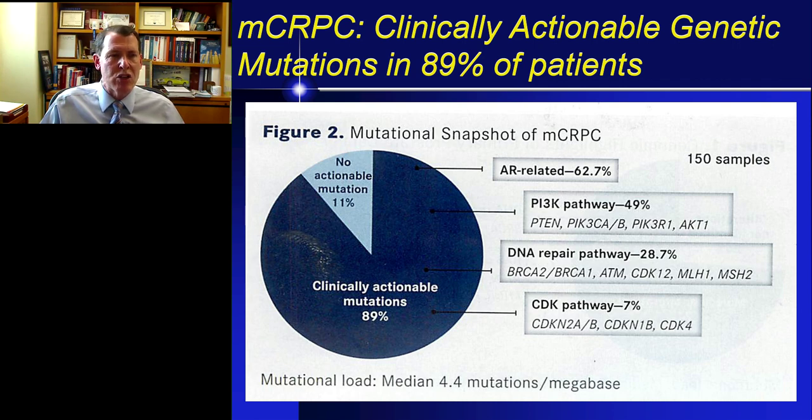Many times those patients have multiple areas of metastasis, and those cancers are progressing despite prior hormonal therapy. But in this case, a lot of the time you can find clinically actionable genetic mutations. And theoretically, in the future, these mutations could be targeted to come up with novel therapeutics.